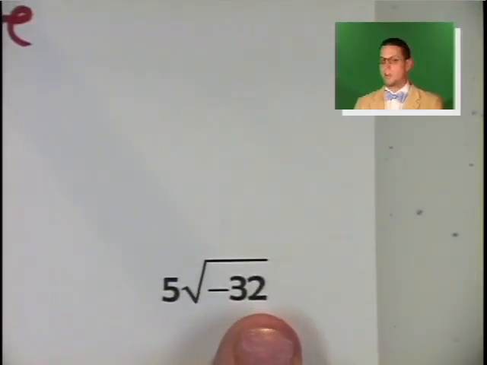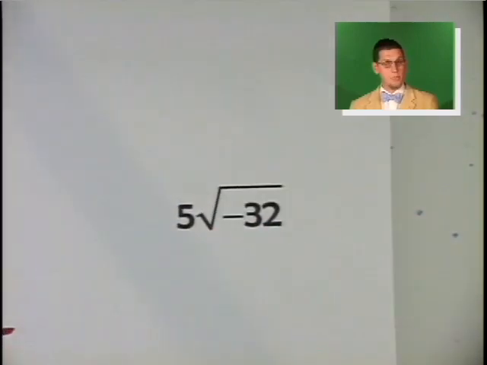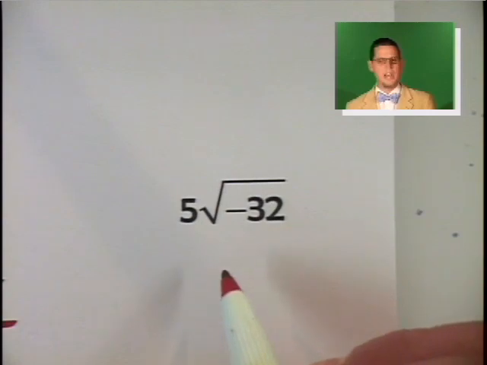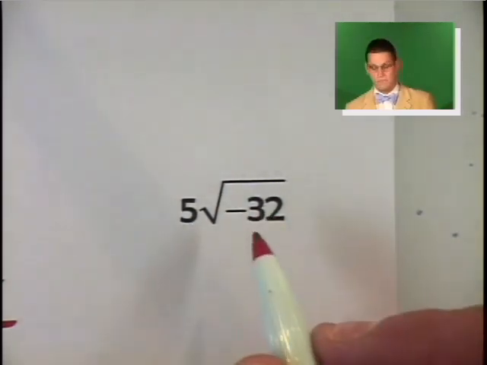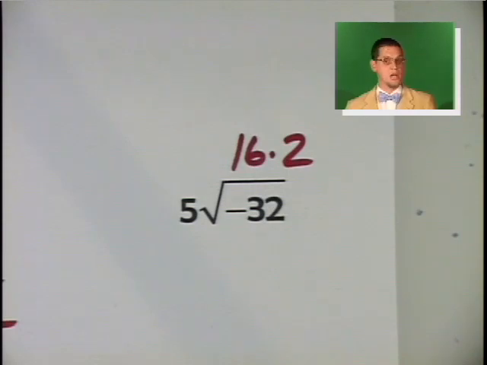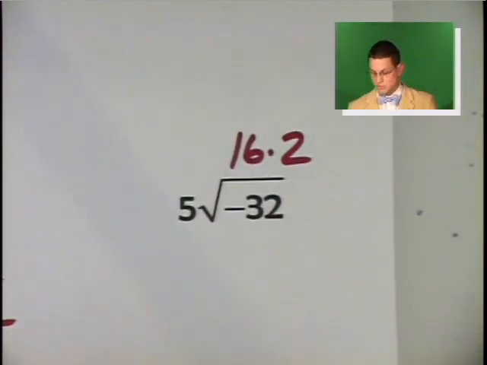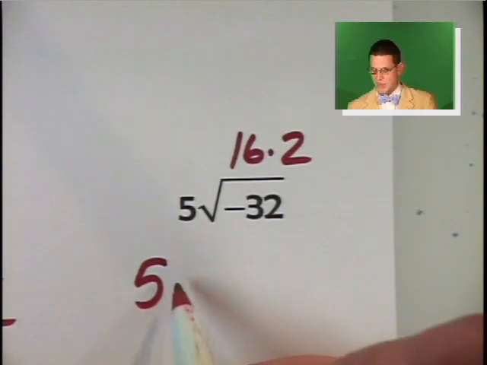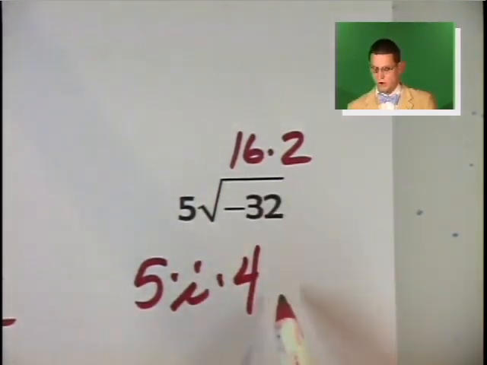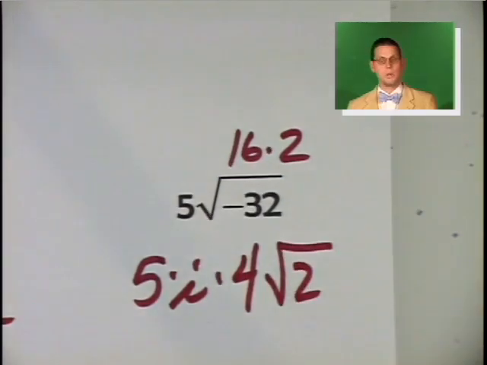Here's one more. 5 times the square root of negative 32. Well, the negative under the radical means that we're going to have an i on the outside. But square root of 32, does it have any perfect square factors? Well, with a little investigation, you'll see that 32 is 16 times 2, where 16 is a perfect square. So we can write this as 5 times i times the square root of 16 is 4, and that leaves the square root of 2 under the radical.